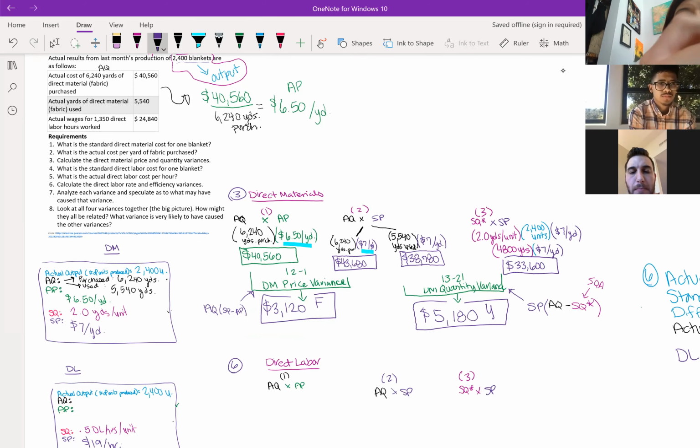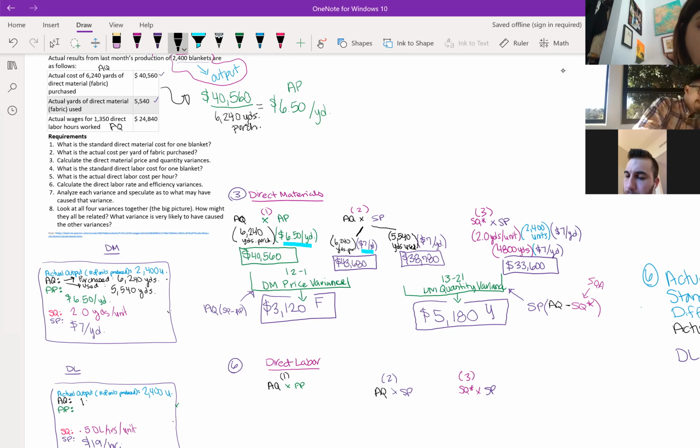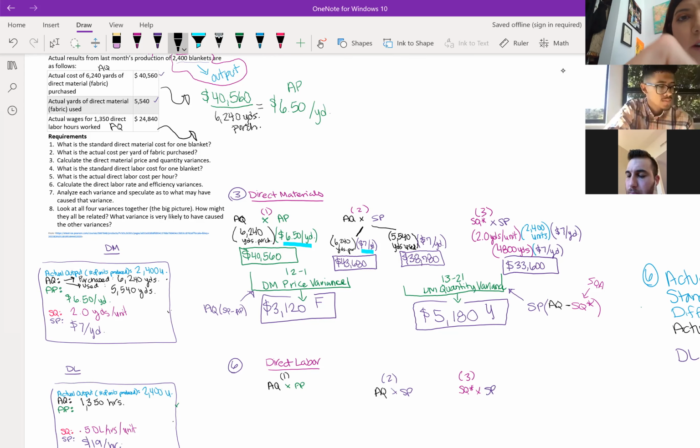And then we used both of this set of information because that's both for direct materials. For direct labor, actual wages were 1,350 direct labor hours. So this is our actual quantity. 1,350 hours. The actual price that we paid per hour, we have to figure out.